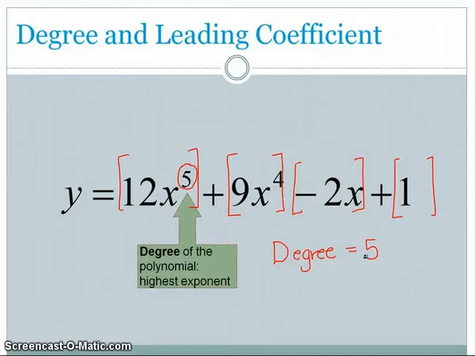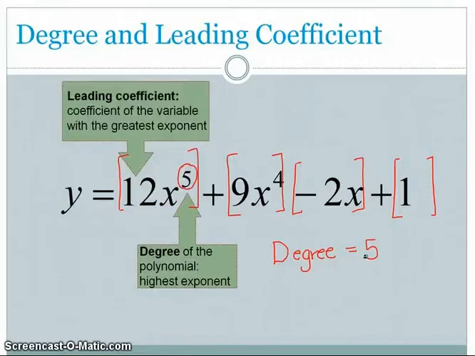The second thing that's important to look at when working with polynomial functions is the leading coefficient. Once you've identified the degree, if you look in the same term, the leading coefficient is going to be the coefficient, or the number, that multiplies by the variable to the highest power. The leading coefficient in this case is 12.